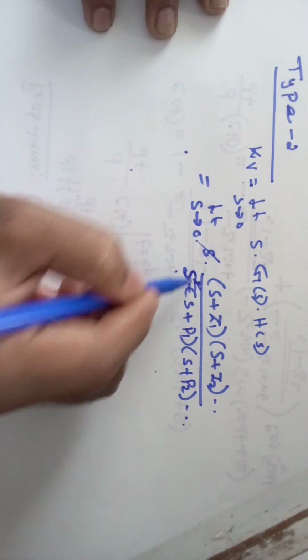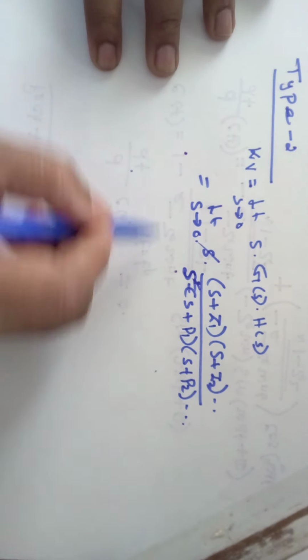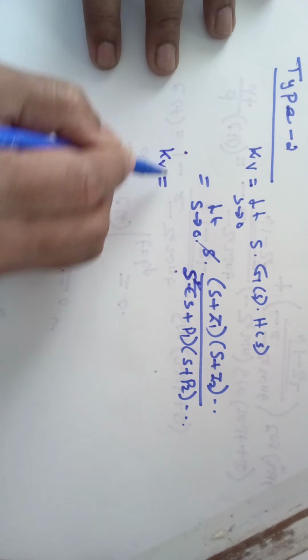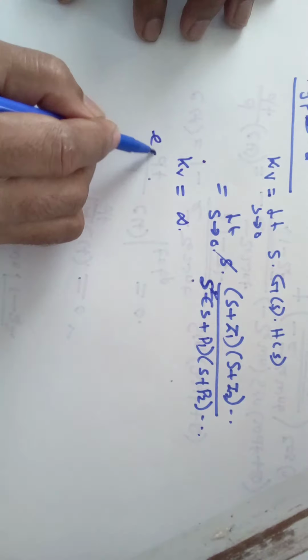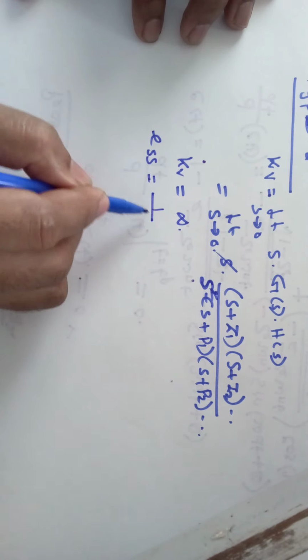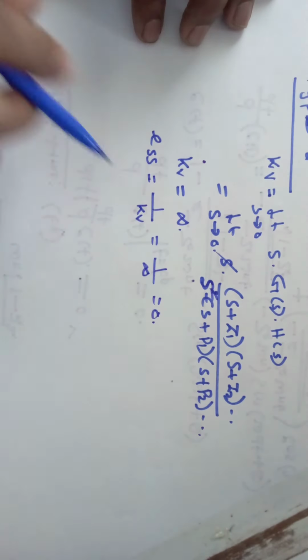So we can cancel out this s and s, and if you apply s equal to 0 here, the denominator will be equal to 0. Therefore your Kv will be equal to infinity. Therefore your steady state error ESS is equal to 1 by Kv, that is 1 by infinity, which is equal to 0.